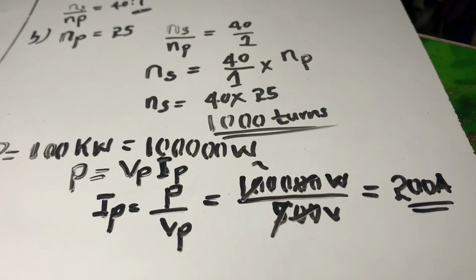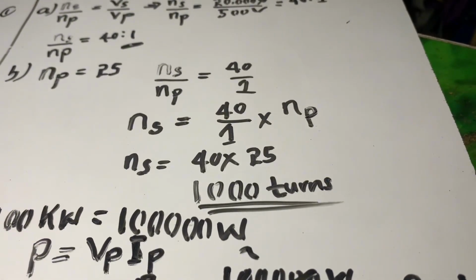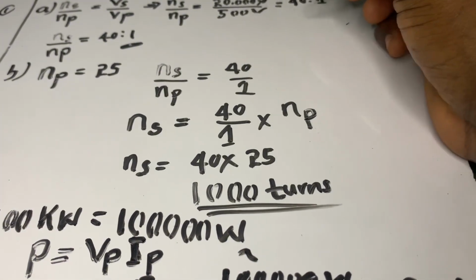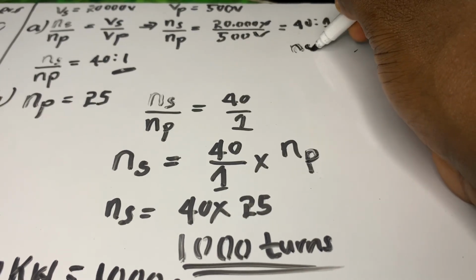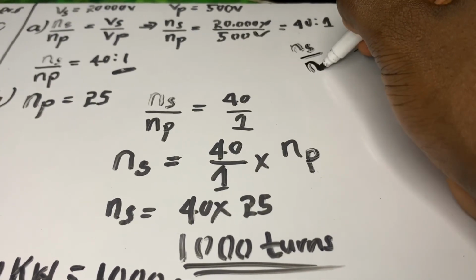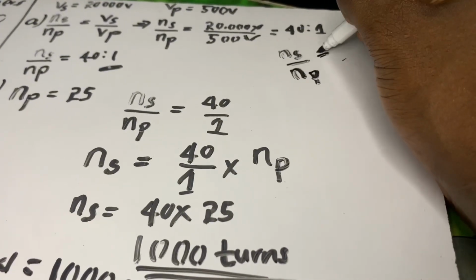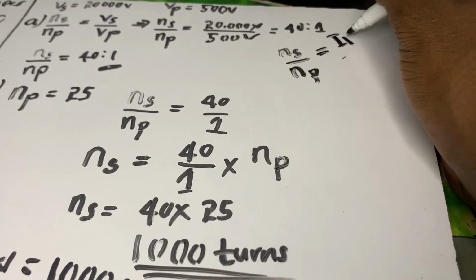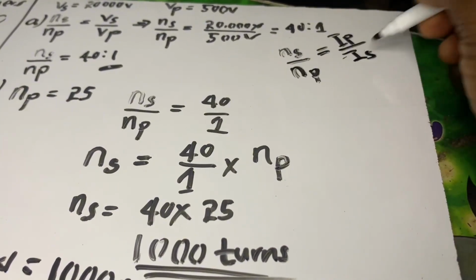But that is not what we are looking for. We are looking for the current at the secondary coil. So what we do now: the relationship between current at the primary coil and current at the secondary coil is that the number of turns on the secondary coil over the number of turns on the primary coil is equal to the current at the primary coil divided by the current at the secondary coil.